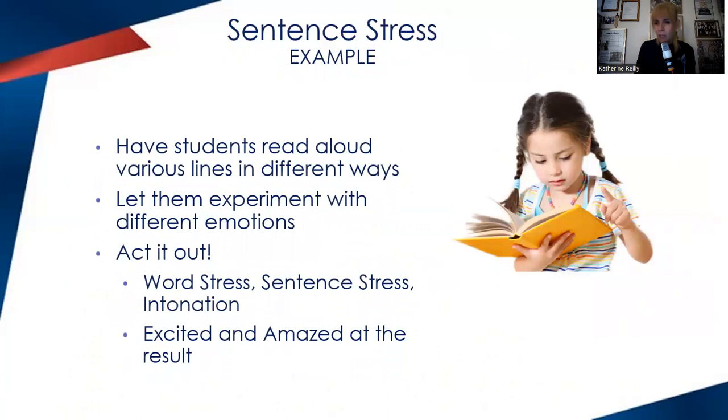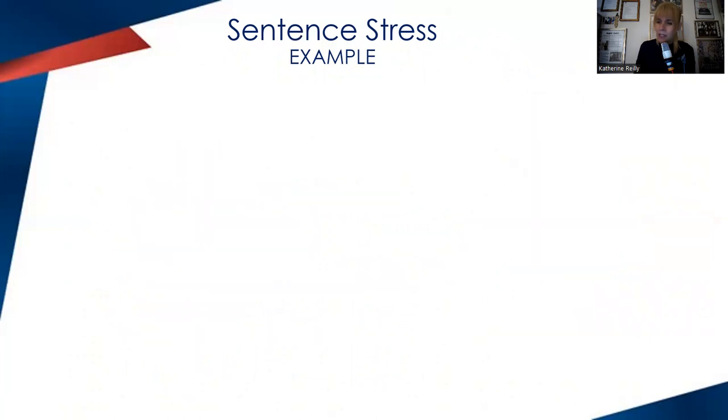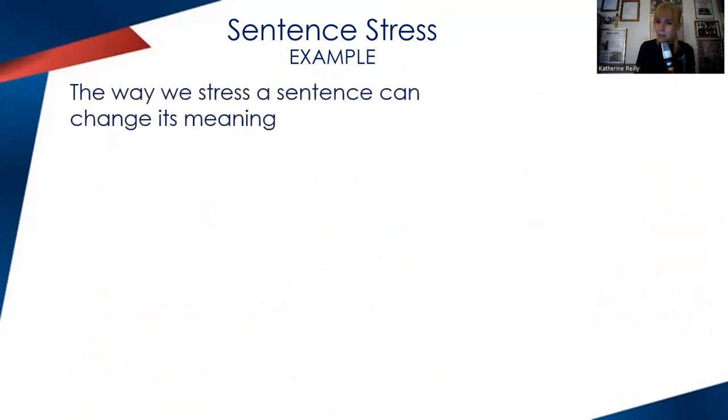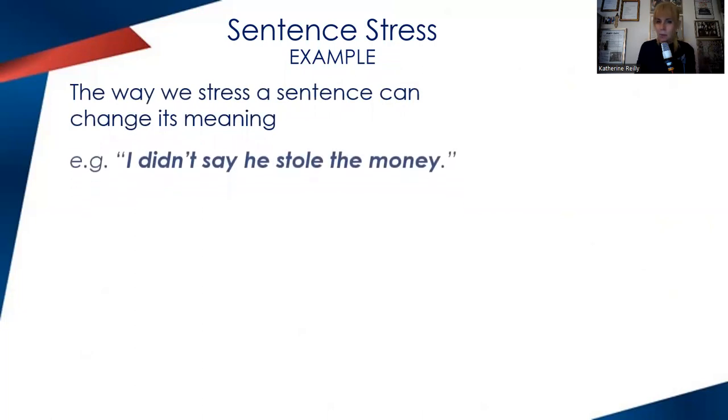Now, first of all, always have students read aloud various lines in different ways. Let them experiment, act it out. We want word stress, sentence stress, intonation. They're excited and amazed at the result. We're going to use an example that you might have seen before in the past. So the way we stress a sentence can actually change its meaning.